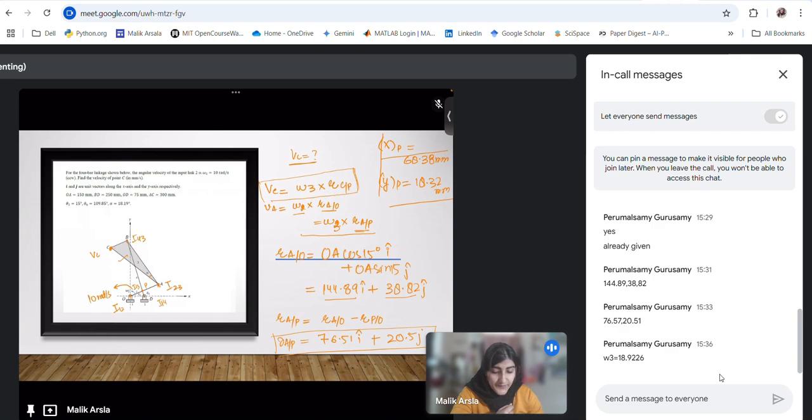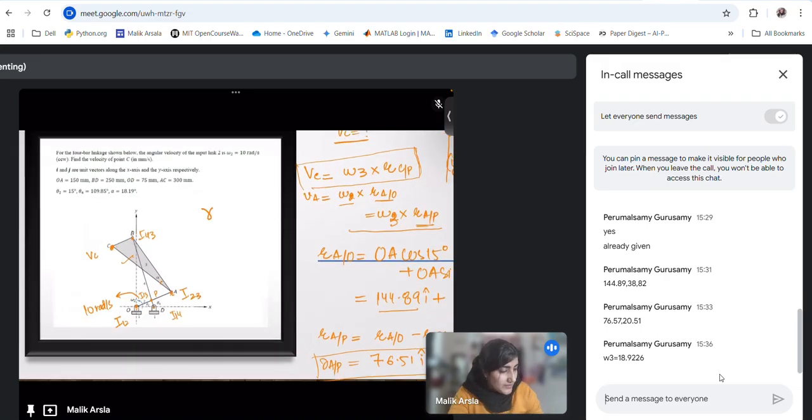Actually, RCA need not be found out. We need to find RCO, and from there we can find RCP. So let's break it down. RCP can be found out as RCO, and then we subtract from it RPO.